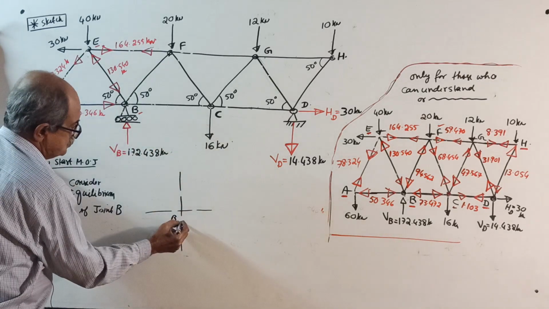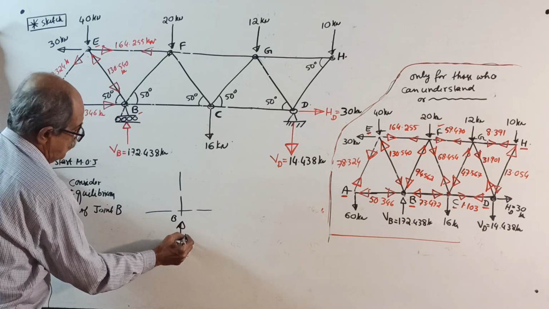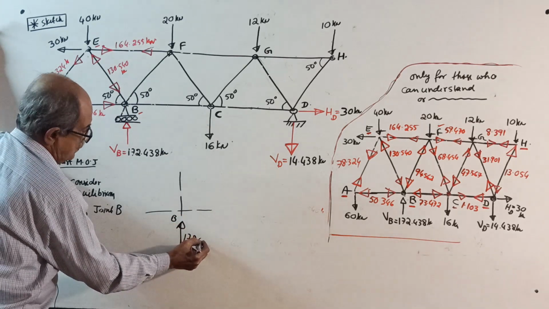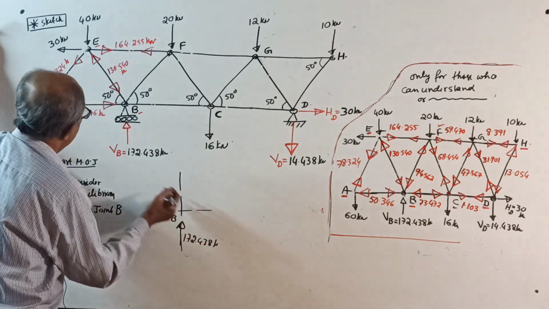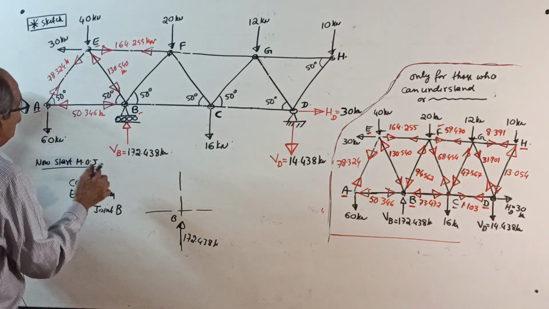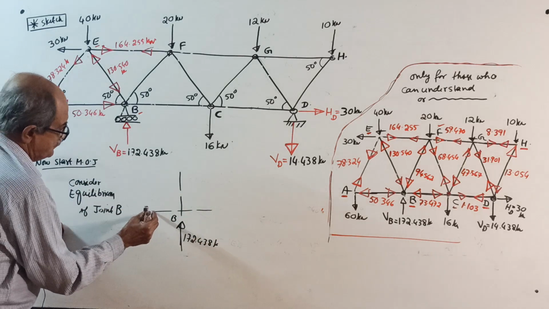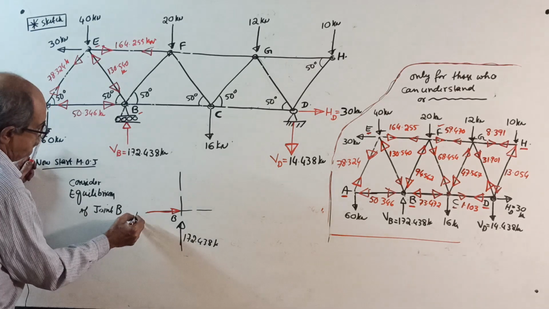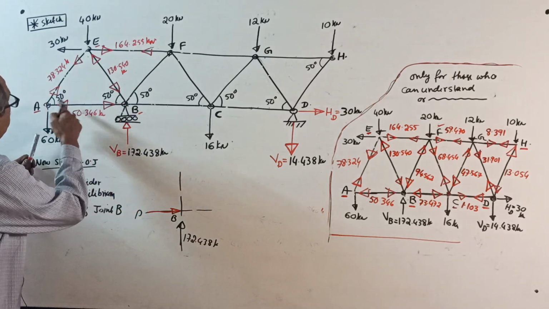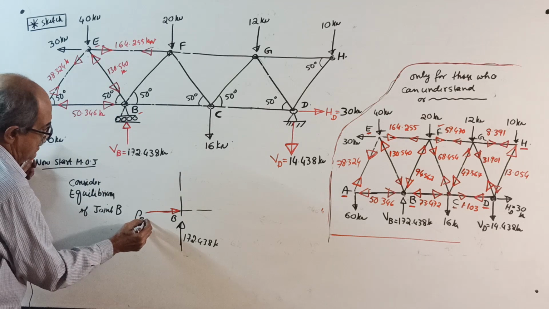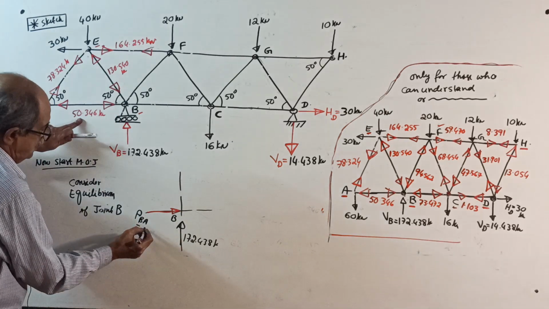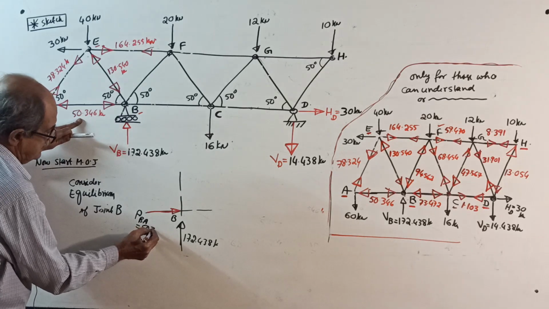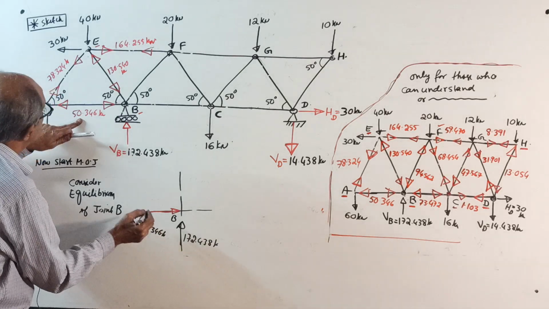One upward force of reaction, 172.438 kilonewton. Then one member force this way comes, but actually it's already known, that is PBA, equal to 50.346 kilonewton.